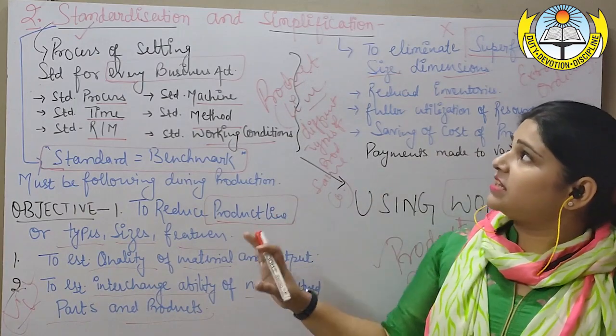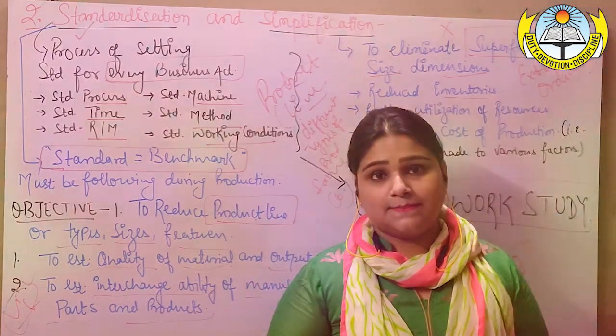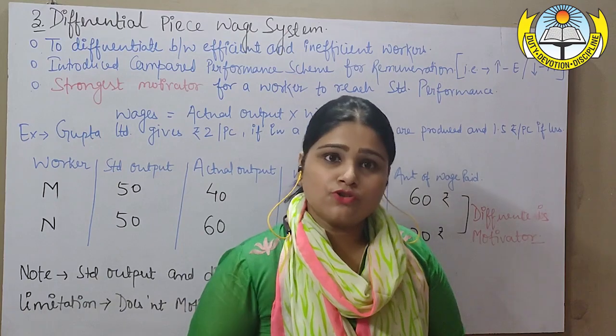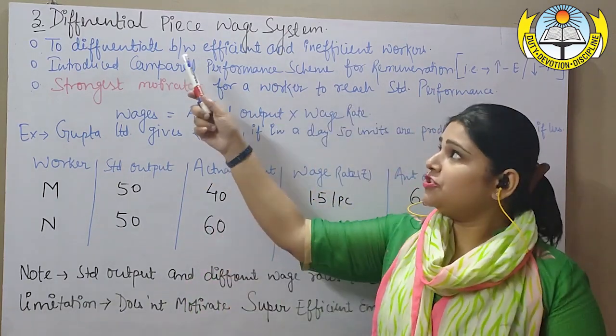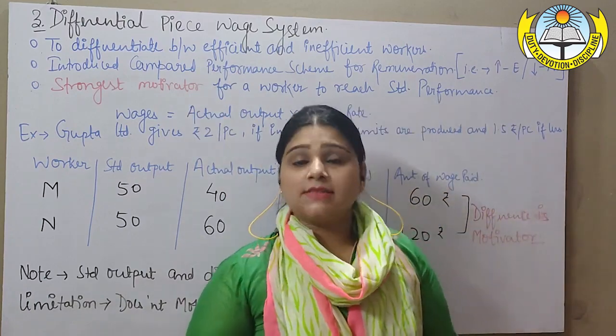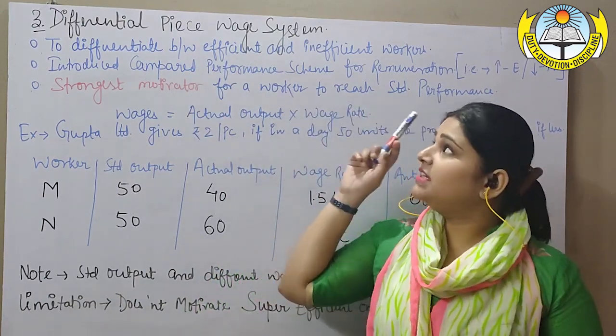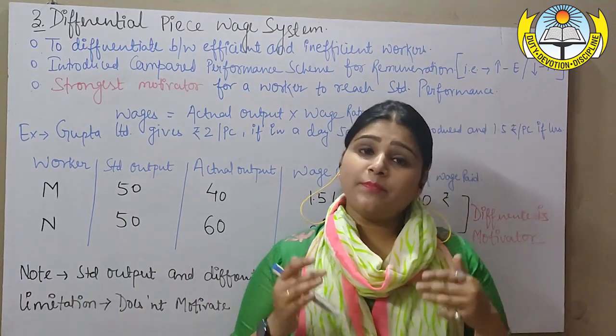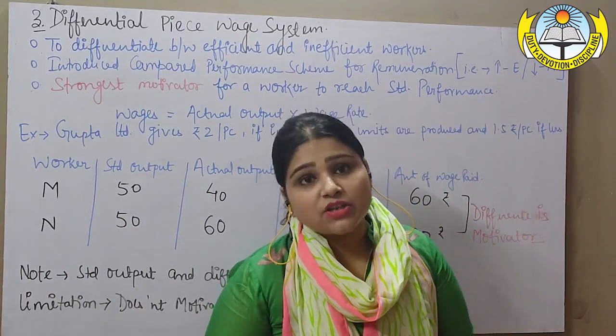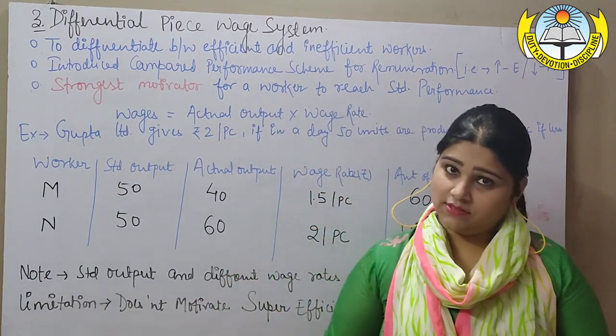So this was all about standardization and simplification. The next technique propounded by Mr. Taylor was the differential piece wage system. As the name suggests, this was a technique used for the payment, or the remuneration, of different workers.